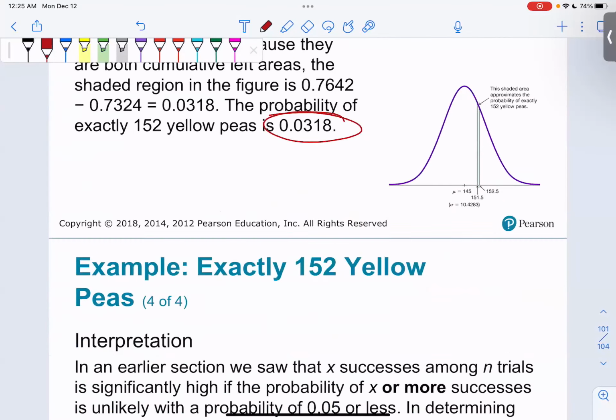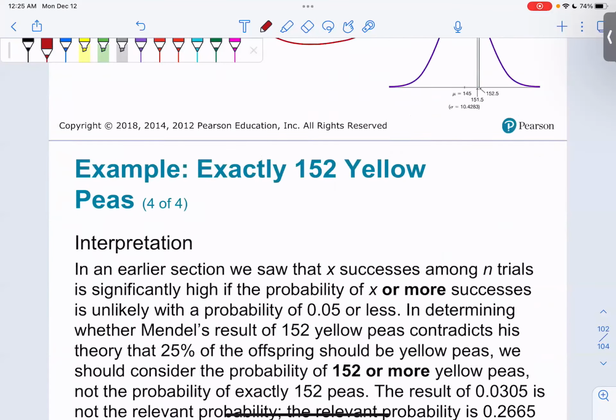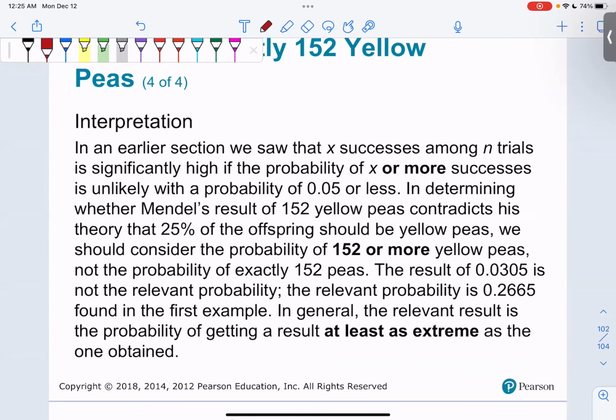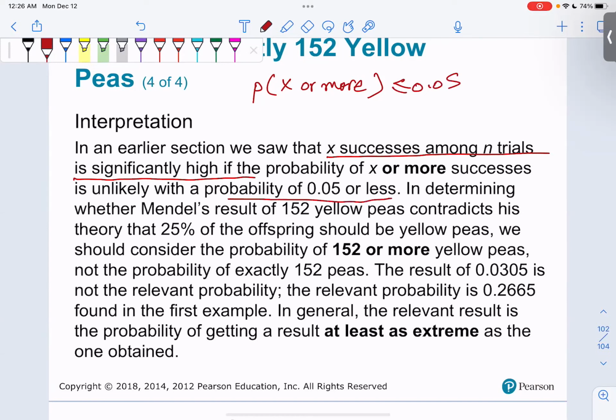And then here they said yes, since the X successes among n trials is significantly high if the probability of X or more successes is less than or equal to 0.05, right? Will be like 0.05 or less, then yes, we have 152 or more yellow bees.